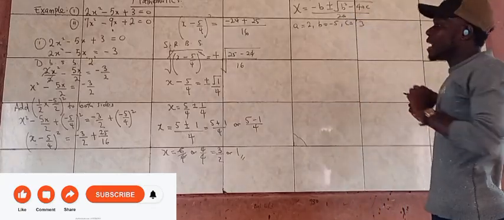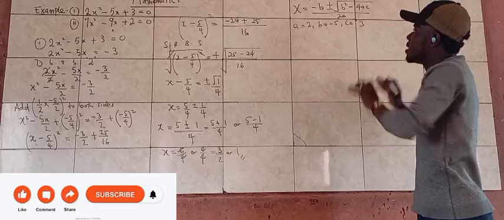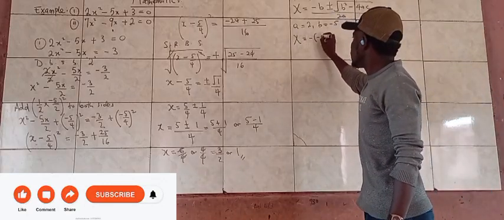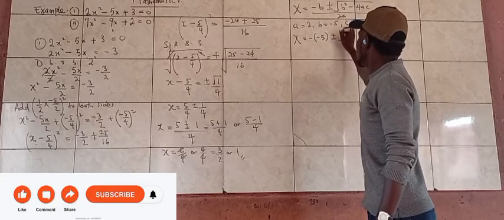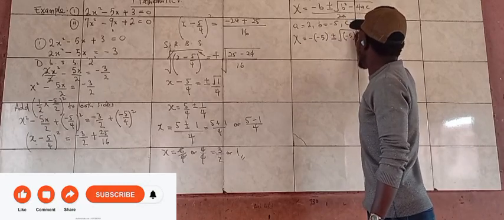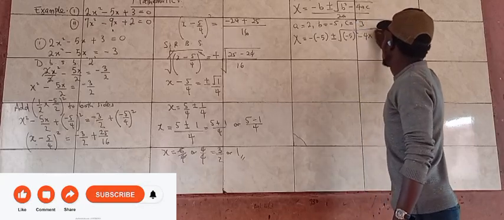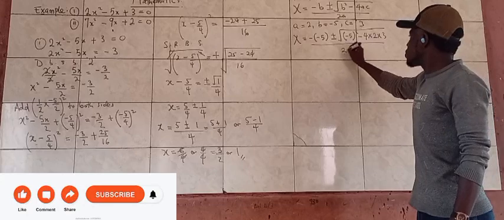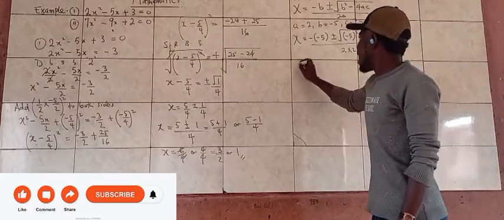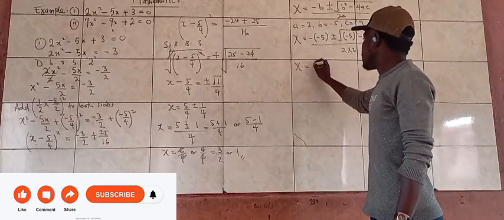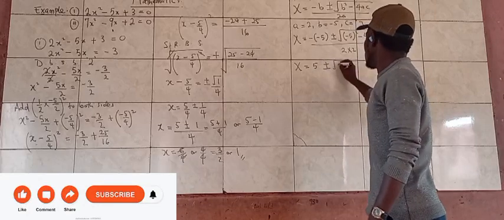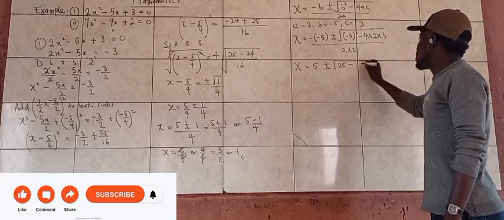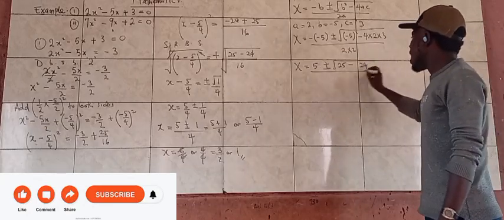So I take these values and substitute into my formula so that it becomes x equals minus minus 5 plus or minus the square root of minus 5 squared minus 4 times 2 times 3, all over 2 times 2.